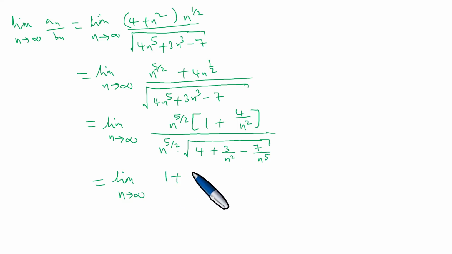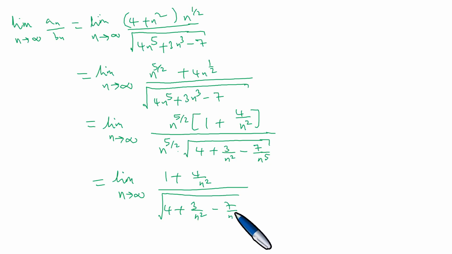Which is 1 plus 4 over n squared divided by this one here, to the fifth power.